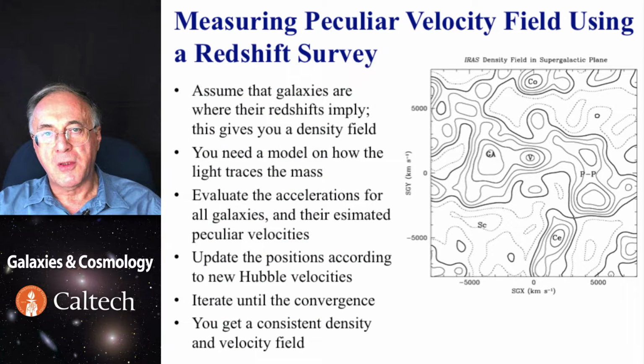So how can we measure peculiar velocities when all we're measuring are total velocities in a redshift survey? It goes like this. You assume first that galaxies are where their observed velocities imply. That gives you a first approximation to the density distribution in space. Then, making some assumptions about mass-to-light ratios and dark matter and so on, you figure out how much velocity galaxies there would have acquired in terms of peculiar velocities through the history of the universe.